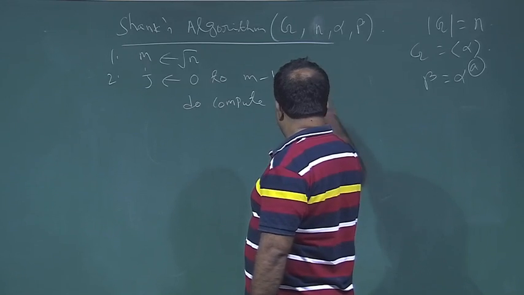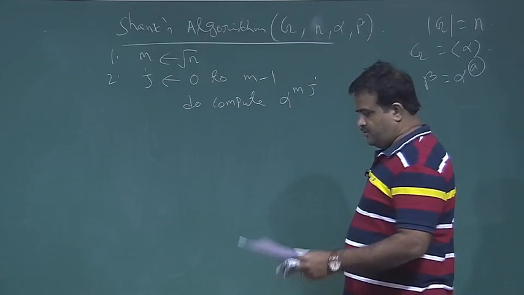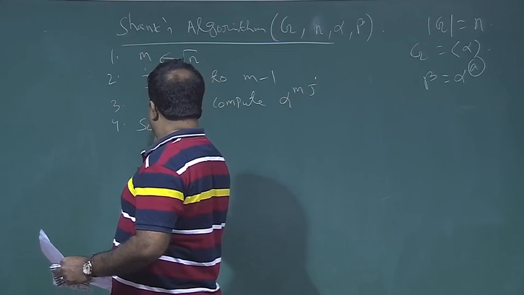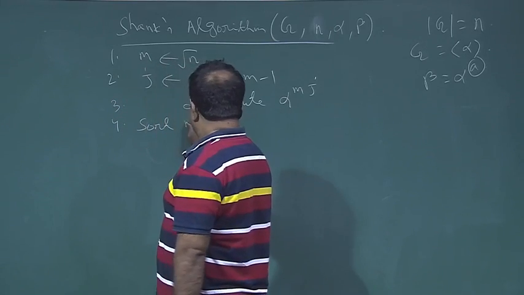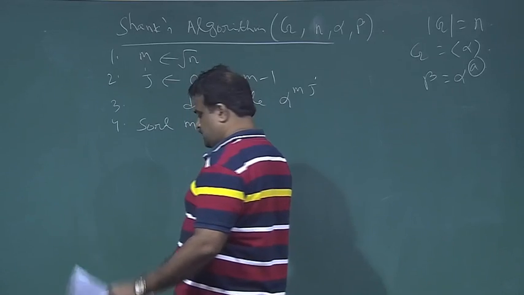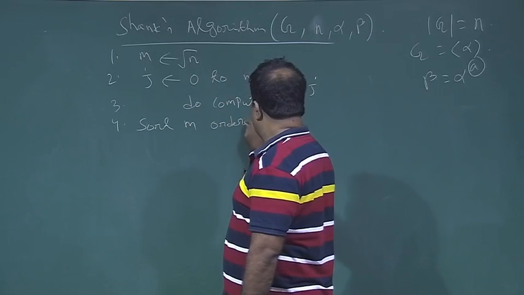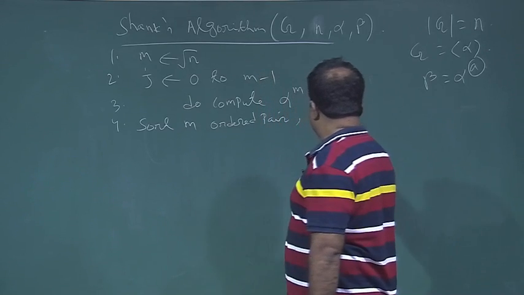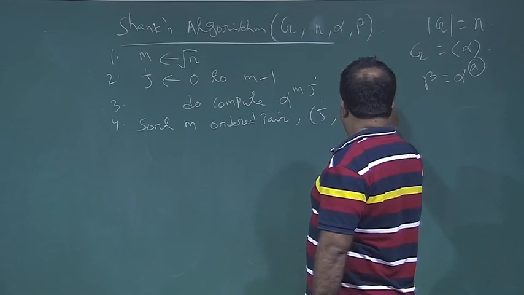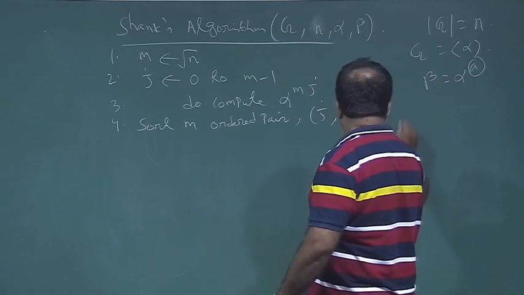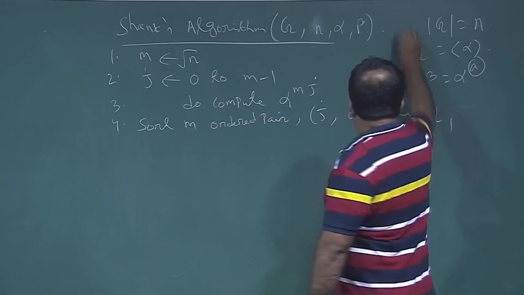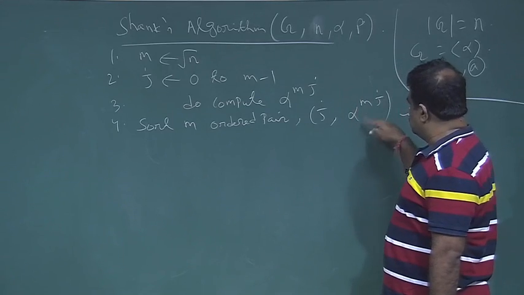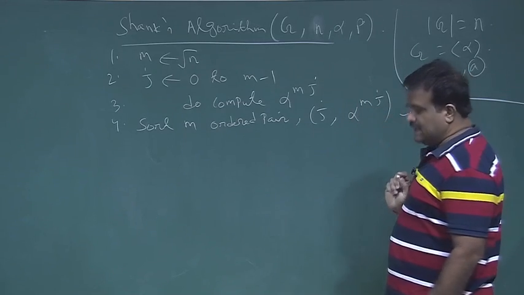Then we sort these m ordered pairs, which are j comma alpha to the power mj, in a list L1, sorted with respect to the endpoint.